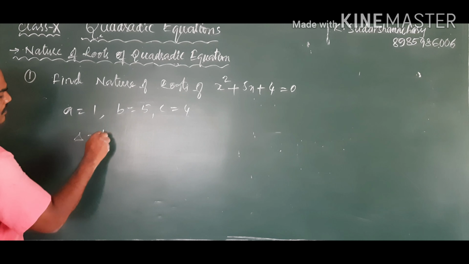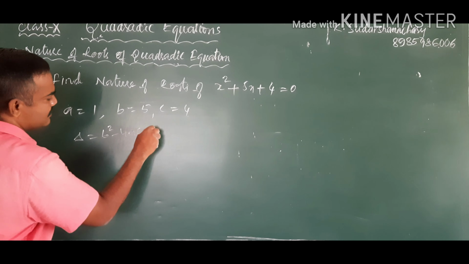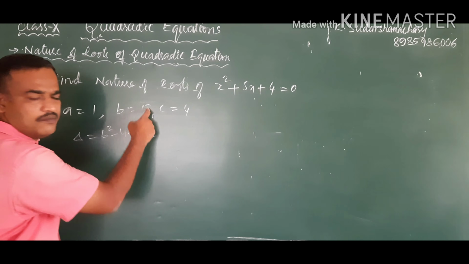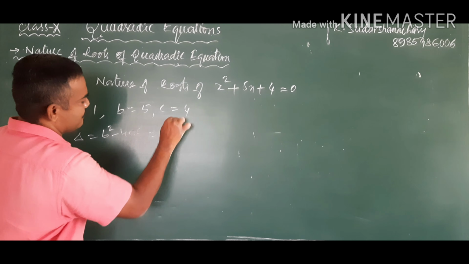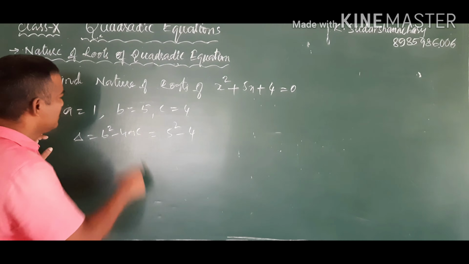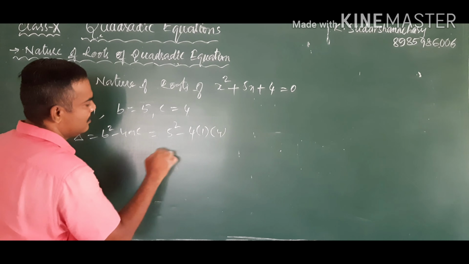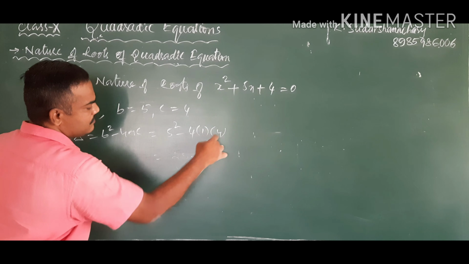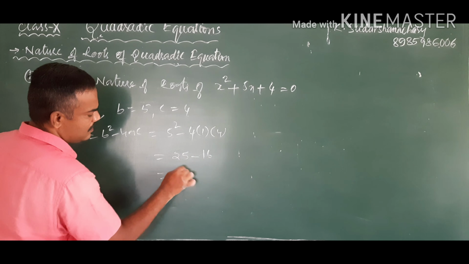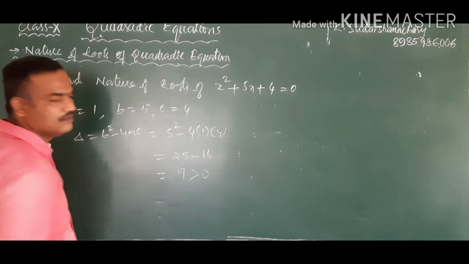Now delta = b² - 4ac, that is 5² - 4 into 1 into 4. 25 minus 16 is 9, which is greater than 0.